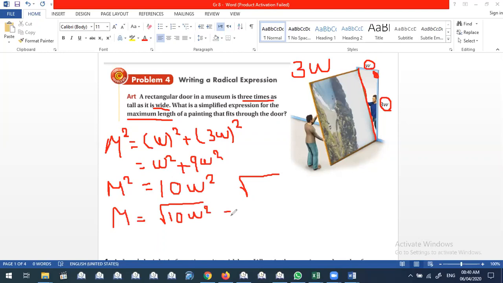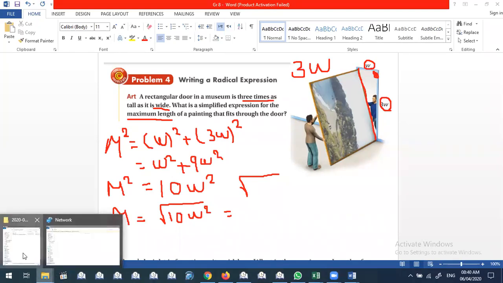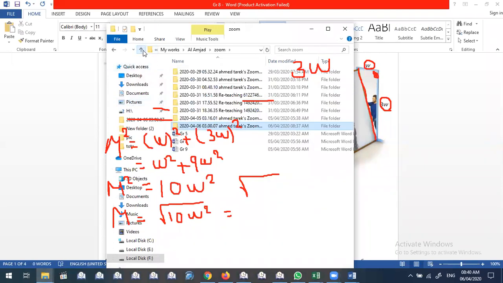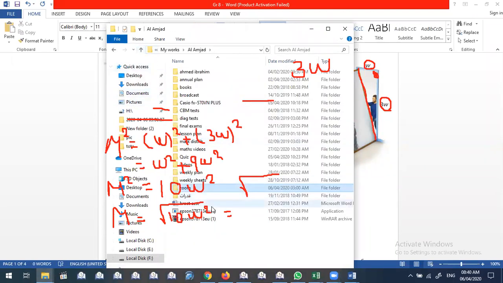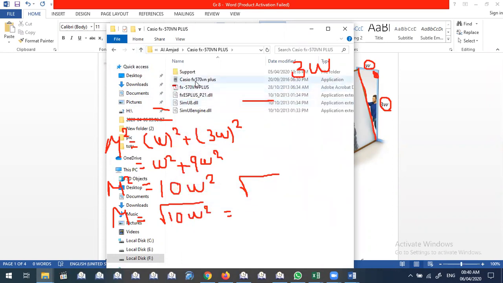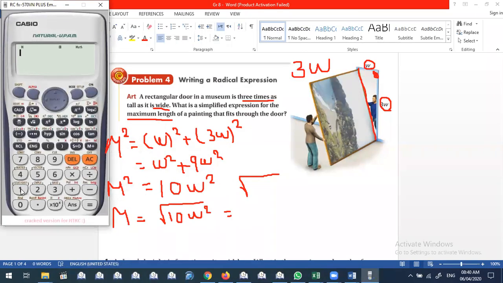And as I told you before, find the square root of 10 by using a calculator. Let's open our calculator. Here, the square root of 10 will be the same. So the square root of 10 is the square root of 10.